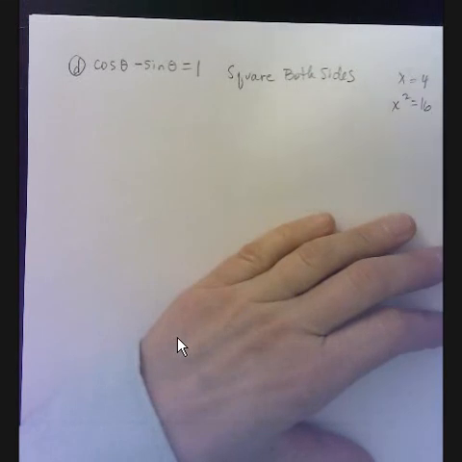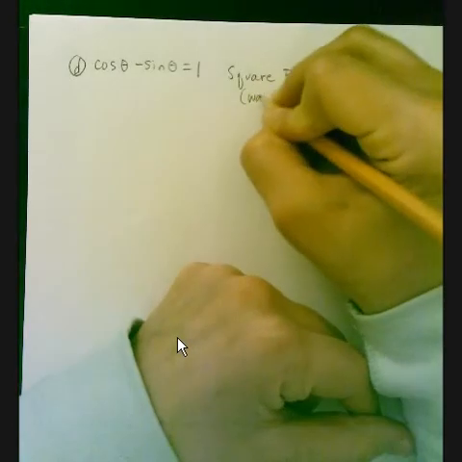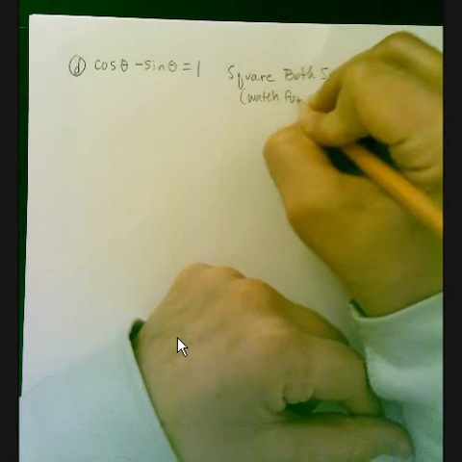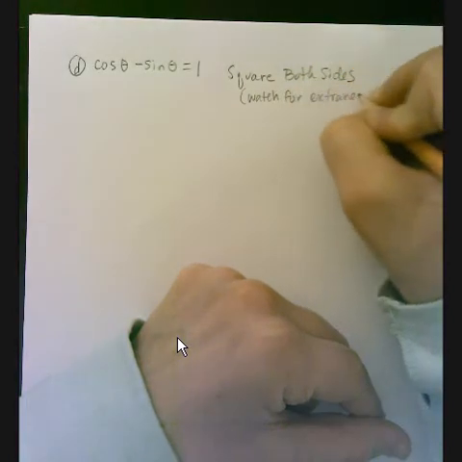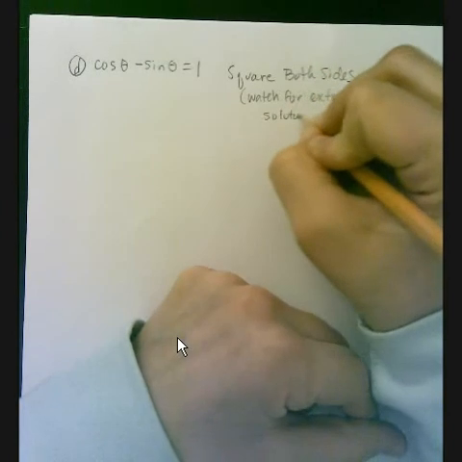This, of course, only has a solution 4. This has a solution 4 and -4. Well, -4 doesn't work in the original, right? So we have to watch for these extraneous solutions now. That's what we call solutions that don't work in the original equation. So they'll need to be thrown out.